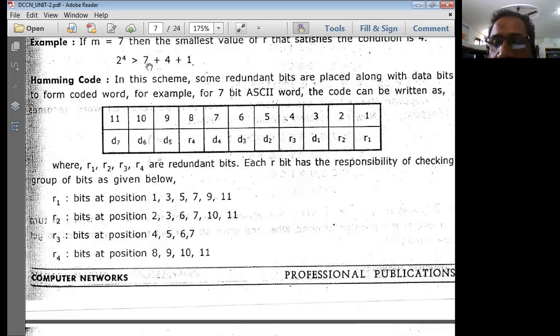That means 2 power r, that is 16, minus 1 should be equal to m. So let us suppose m is equal to 15. After 11 for R1 bits I can write 13, 15. Here I can write 10, 11, that is done. Then I have to leave 12, 13. Then I have to write 14, 15.